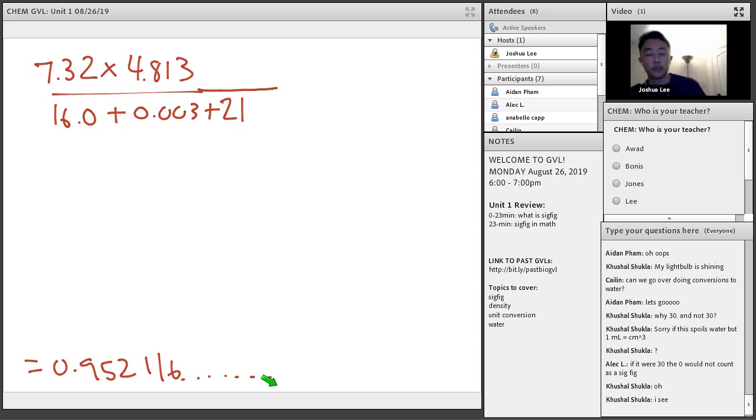Let's see how your sig fig skills have prepared you for this problem. And after this problem, we'll do some density problems, we'll get to unit conversions, then we'll talk about water and how water is so special.